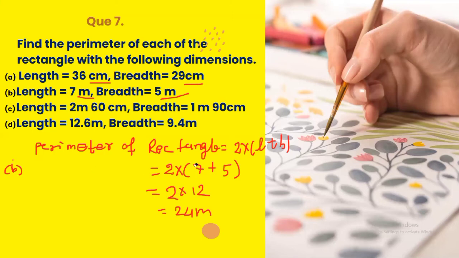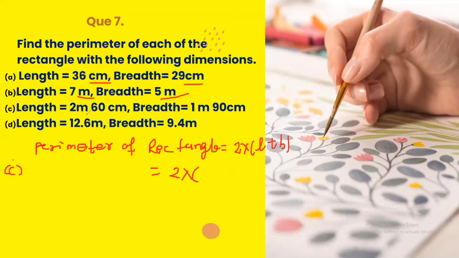Now question C is what? Again you can use the same formula: 2 multiply length plus breadth. So I'm going to tell you how to solve the C option. C is equal to 2 multiply length.